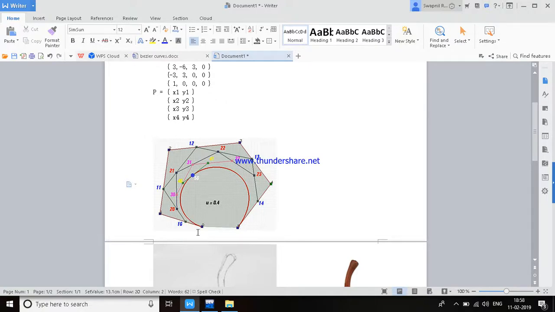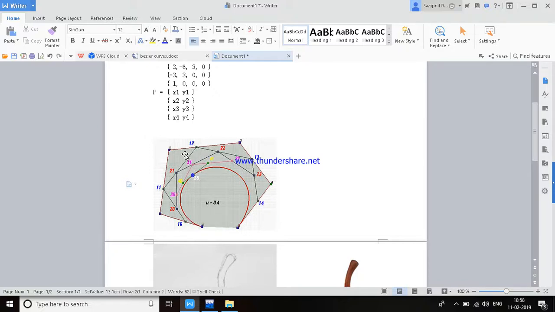So we have 5 lines, and we take the portion corresponding to u equals 0.4 of each. Then we will have 5 points lying somewhere between these lines, and when we join these 5 points, we actually get 4 lines.